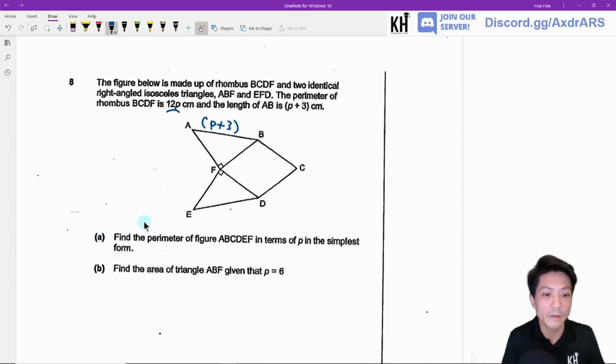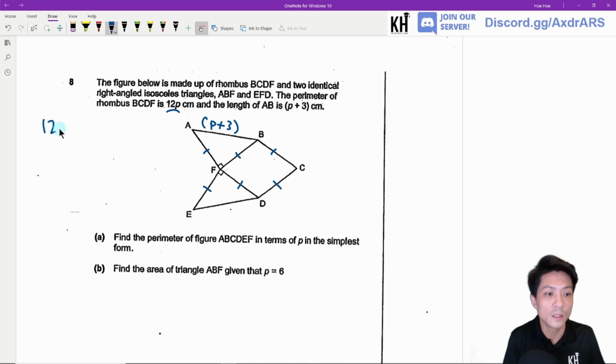Part A, find the perimeter of figure ABCDEF in terms of p in the simplest form. So the isosceles triangle, I'm going to mark out the sides that are the same. Since this is a rhombus, all four sides are also the same.